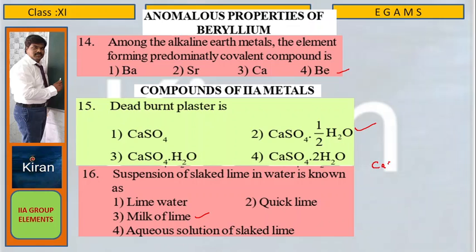When you place it into water, water means H2O, so what you will get is Ca(OH)2. This is slaked lime, and this suspension is known as milk of lime.